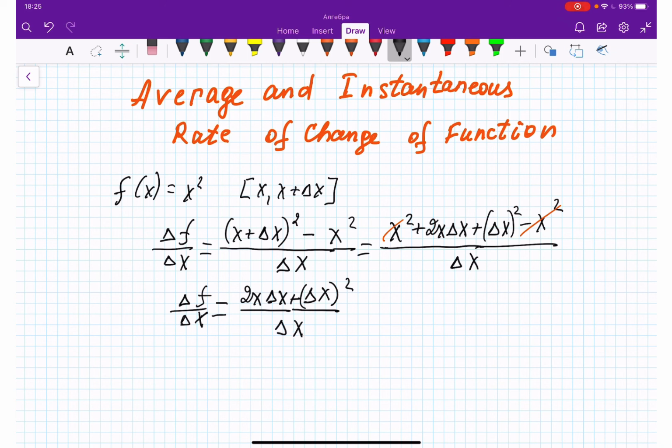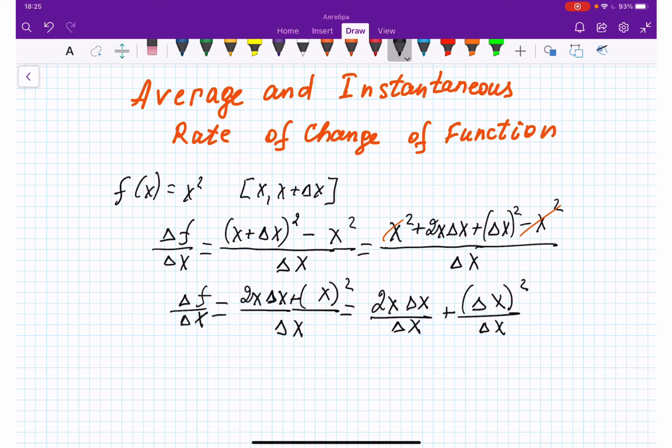Okay, since both terms in the numerator have delta x, I'm going to separate them and divide by delta x: 2x delta x over delta x plus delta x squared over delta x.